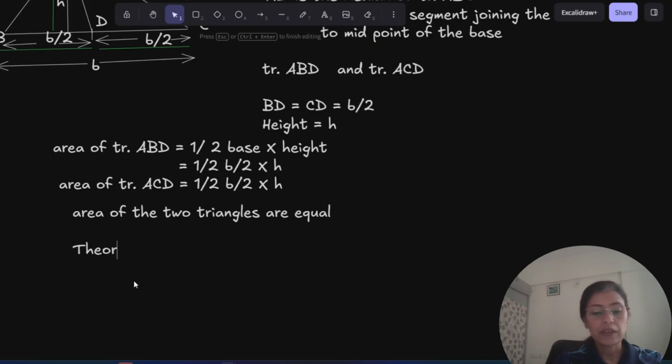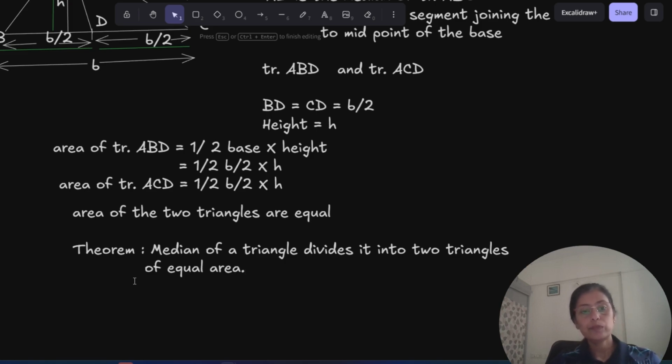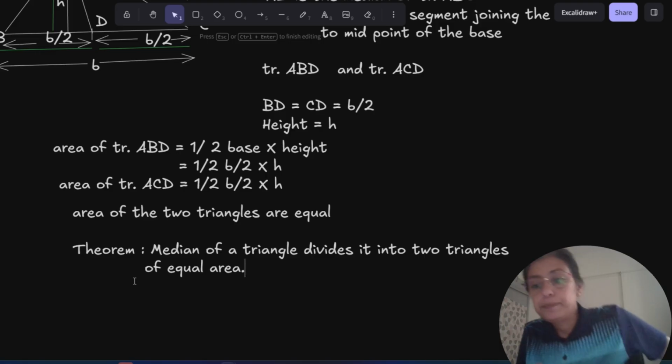So this gives us our theorem that the median of a triangle divides it into two equal triangles, or maybe we can say into two triangles of equal area, because we are talking about area here, right? So this is our theorem.